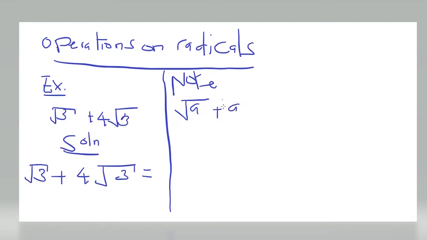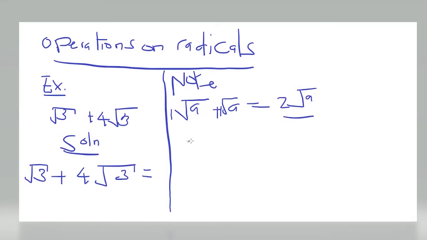Maybe this one can be written as 1a plus 1a. Just add 1 here and 1 here to make it simple. Then 1 plus 1 is 2, then copy the common radical number a. That is the answer.